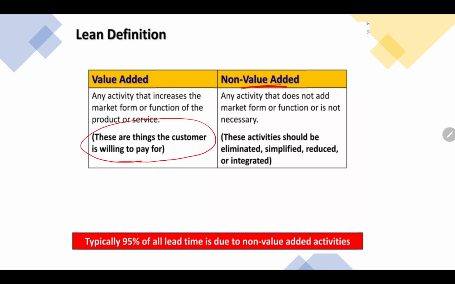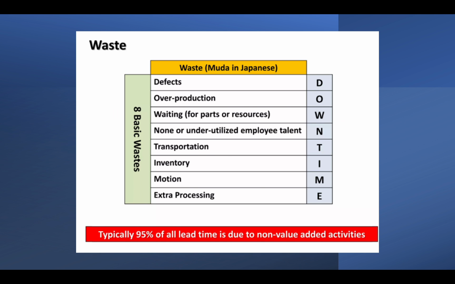It is not adding any value to the product. And 95% of the lead time, what is lead time? It is the delay in the process. It is due to certain non-value added activities in the process which have to be identified and eliminated, and this is the idea behind JIT and lean operations.